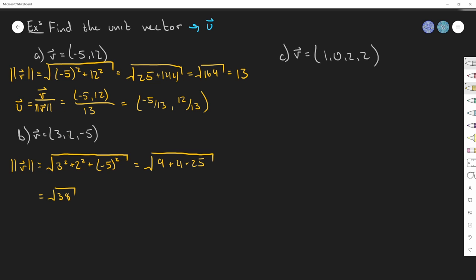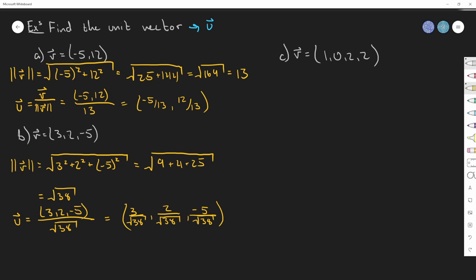So our unit vector, oh, that's gonna be not so nice. Our unit vector is gonna be the same thing. So it's 3, 2, -5 all over the square root of 38. Distribute it, so you get 3 over root 38, 2 over root 38, and then lastly -5 over root 38.